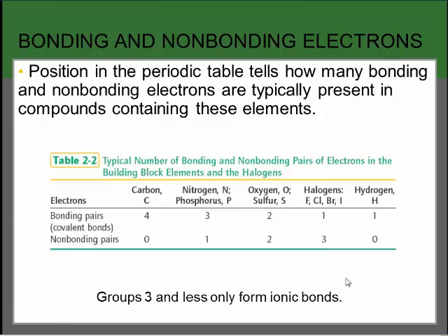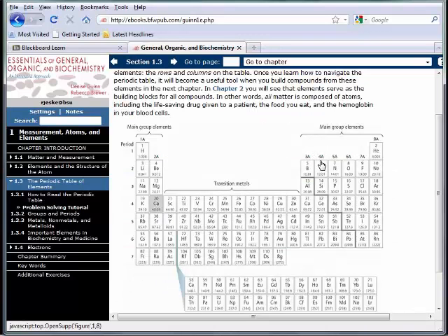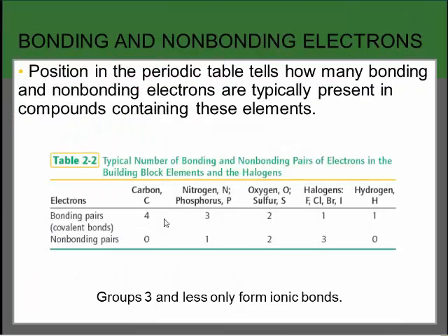So the position in the periodic table tells us how many bonding and non-bonding electrons are typically present in compounds containing these elements. So we look at carbon. It's located in group 4. It has 4 valence electrons, and so it typically will have 4 bonding pairs, or 4 covalent bonds, with 0 non-bonding pairs. Nitrogen and phosphorus will have 3 bonding pairs and 1 non-bonding pair.